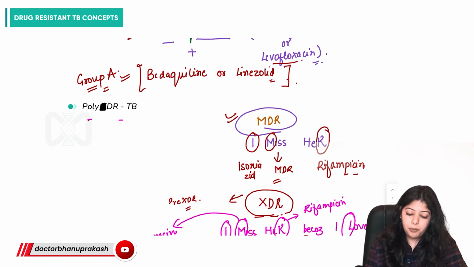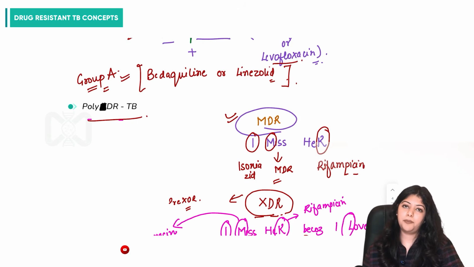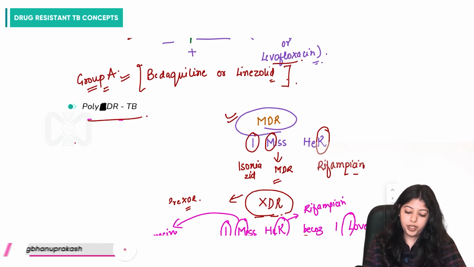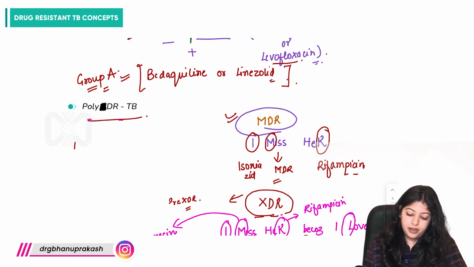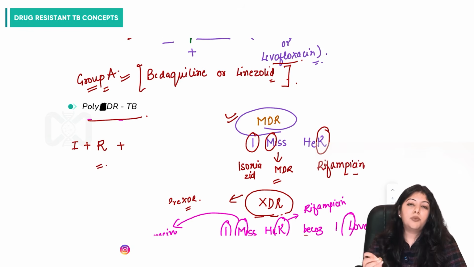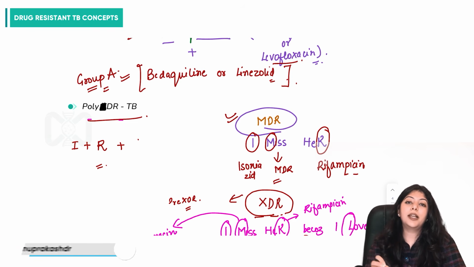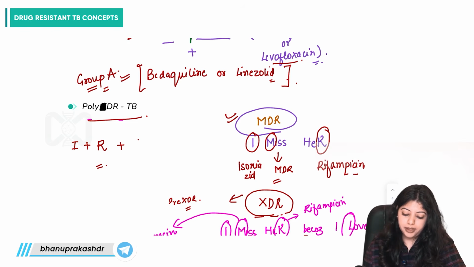Then comes polydrug-resistant TB. For polydrug-resistant TB, there is going to be resistance to isoniazid, there's going to be resistance to rifampicin, and there is going to be one or two drug resistance from the first line anti-TB drugs. There can be one or more, right?